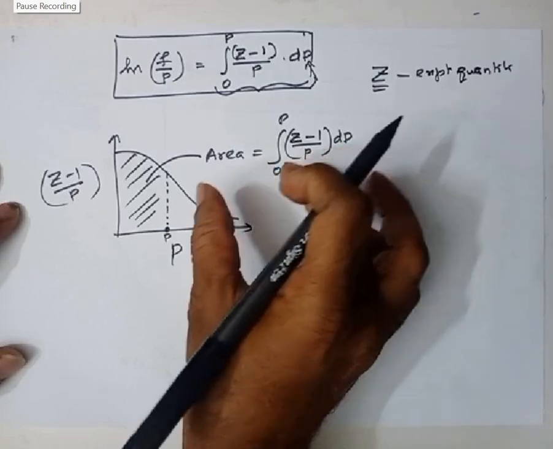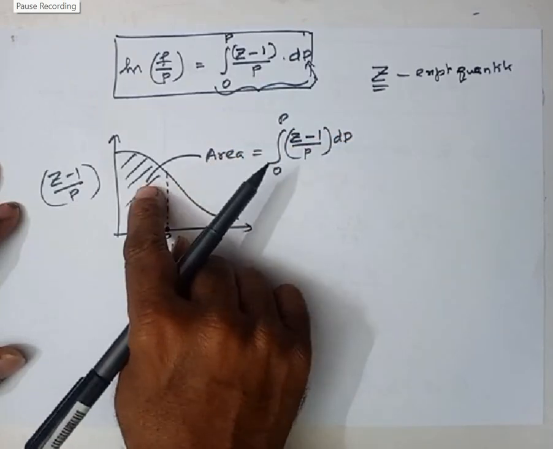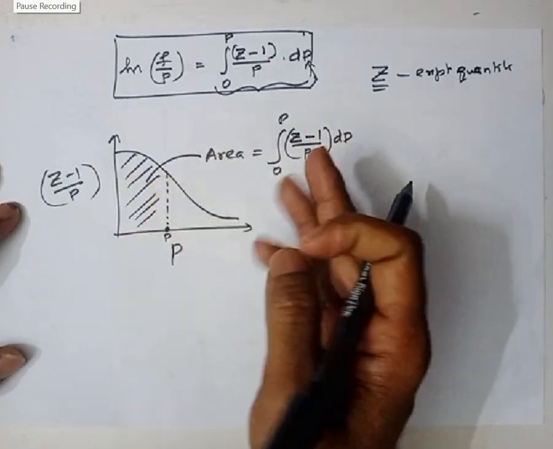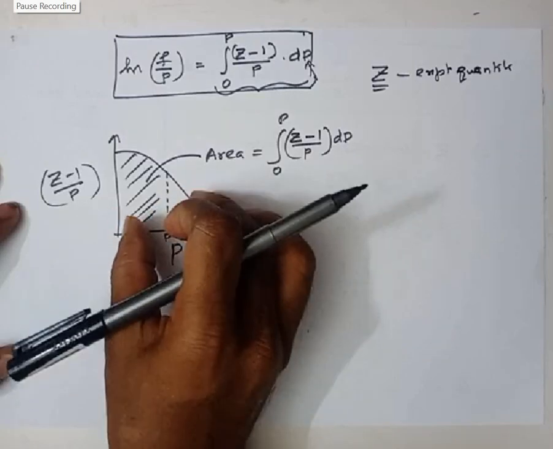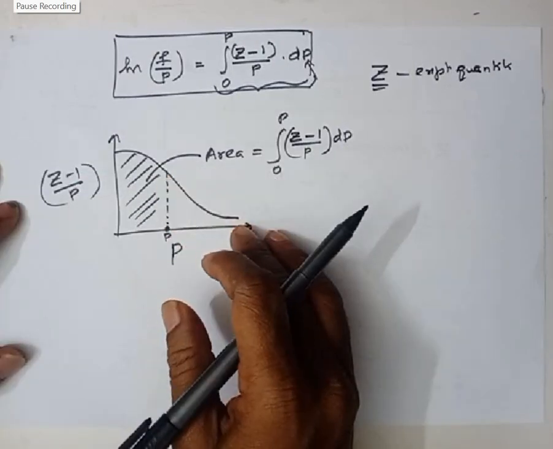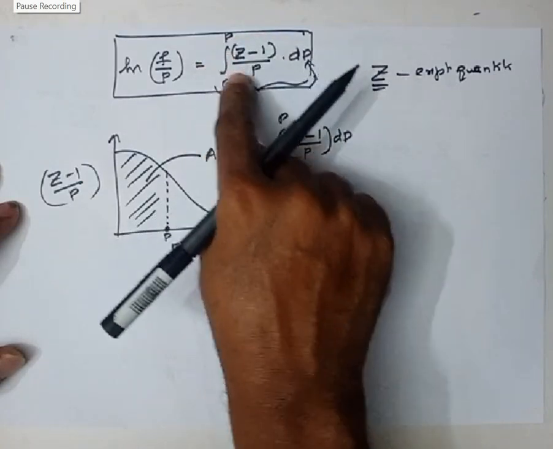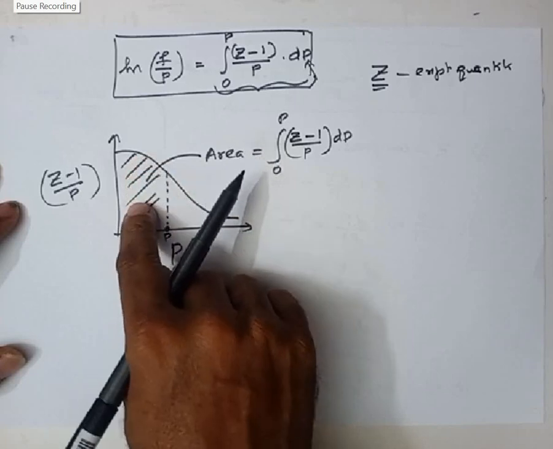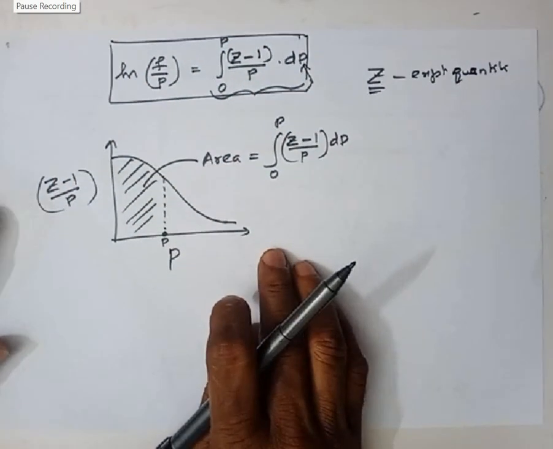You will get this integral by finding the area, up to some pressure P. If you want some other pressure, then take the area under the curve up to that pressure and substitute that area here, which is equal to ln F by P.